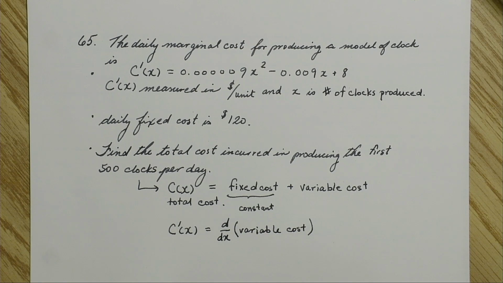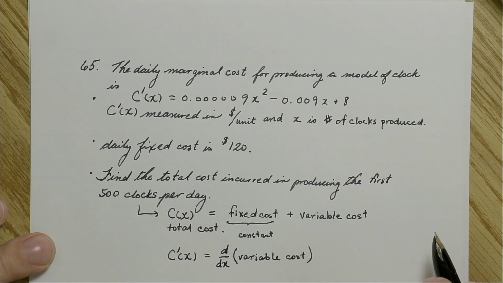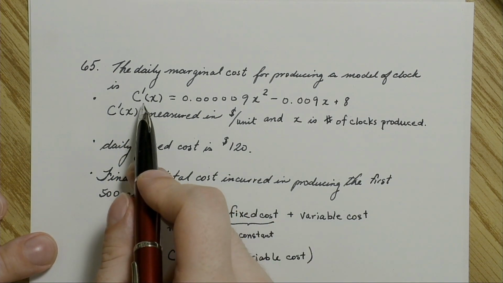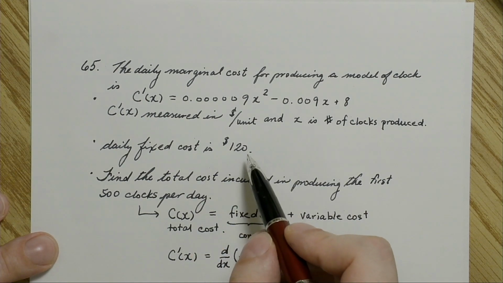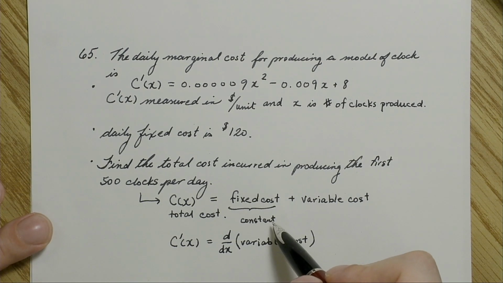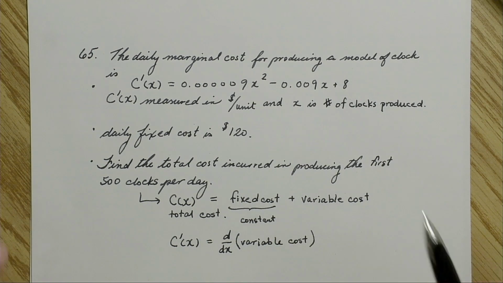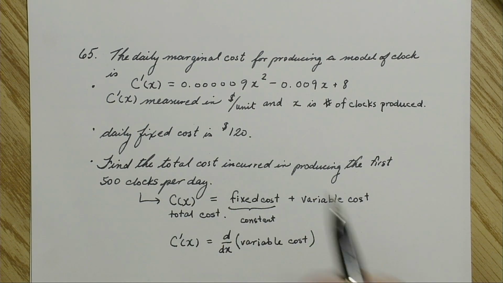So what I'm trying to say is that they've given you an initial value problem. They've given you the derivative. They've told you what the constant of integration is here, because that's the constant that's lost when we differentiate. And all you have to do is find the original function c of x and plug in 500.